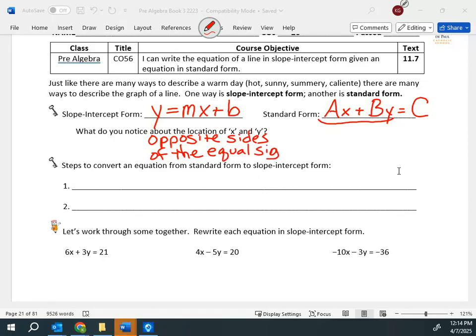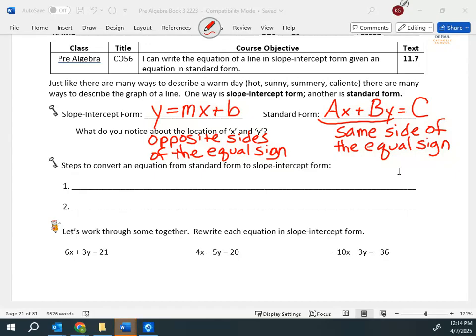And under the standard form, it would be same side of the equal sign. So that's a big difference between our two forms of our equation there.